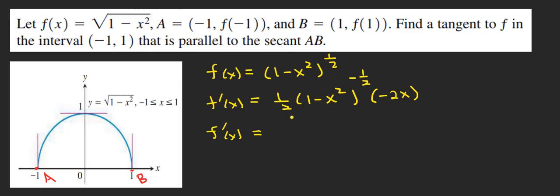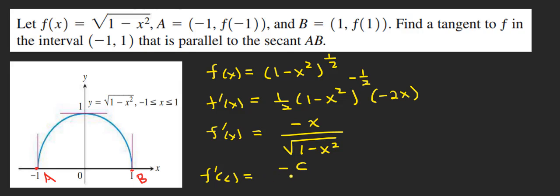So the 2 cancels out, and you get negative x over radical 1 minus x squared. F prime of c is going to be negative c over radical 1 minus c squared.